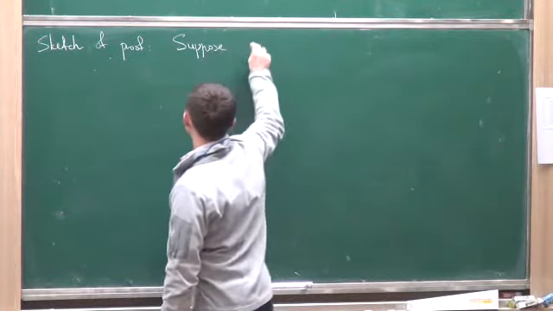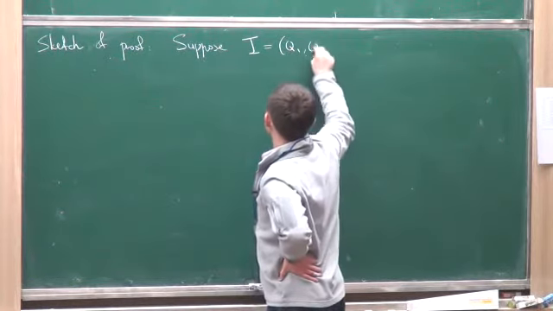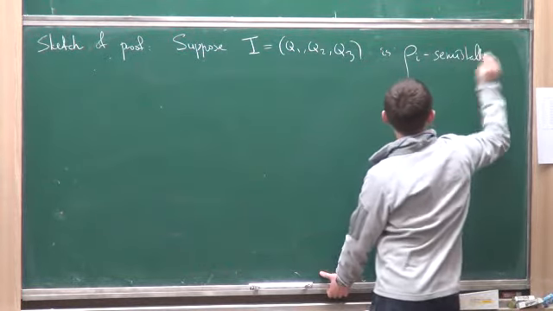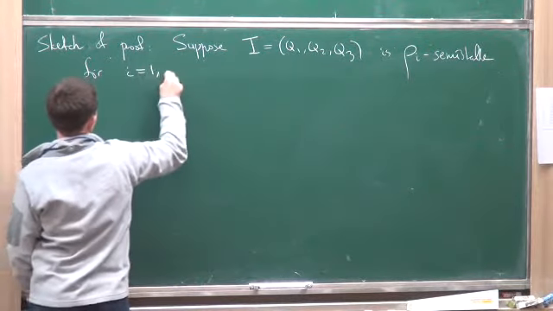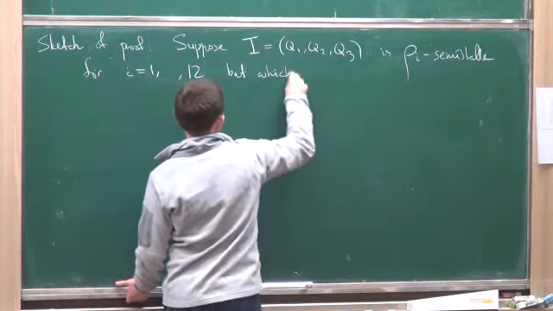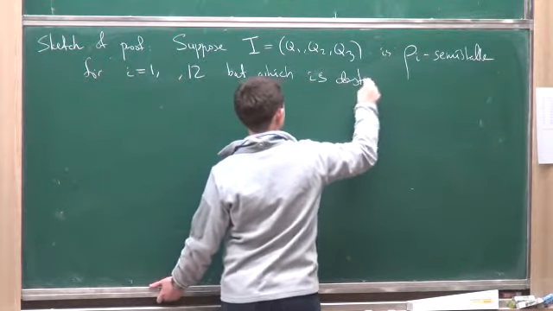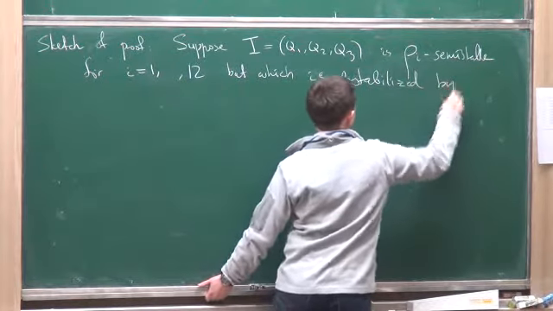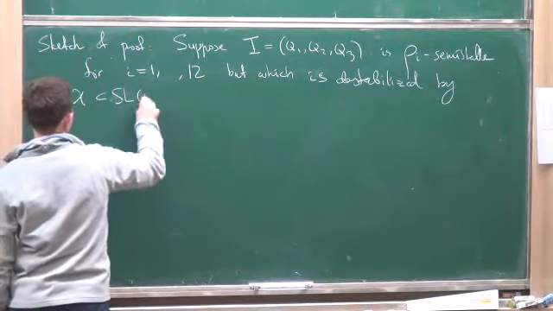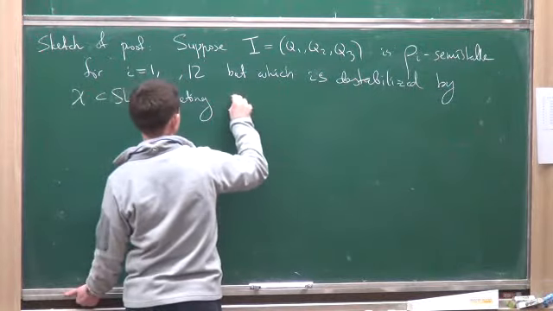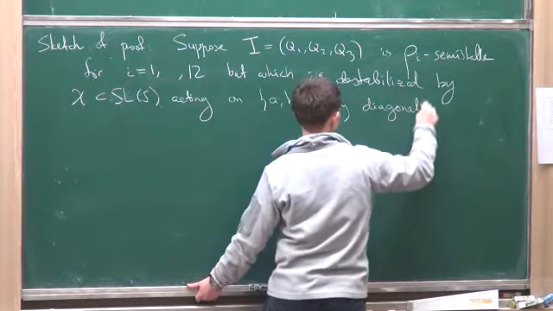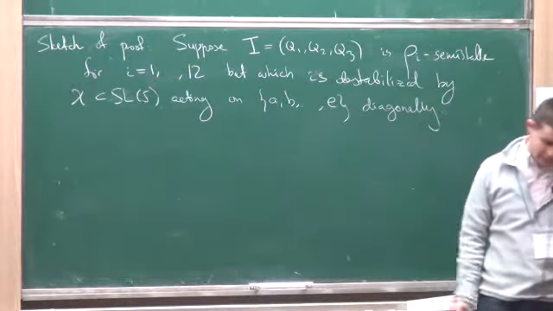Suppose we have a net which is rho I semi-stable for all I in this list, but which is destabilized by one parameter subgroup chi acting on the basis diagonally with weights weight of A through weight of E.